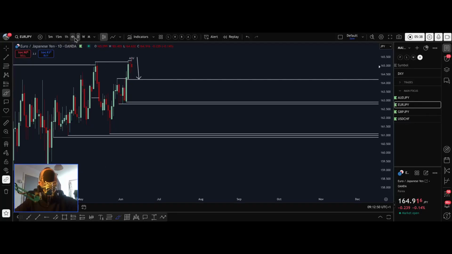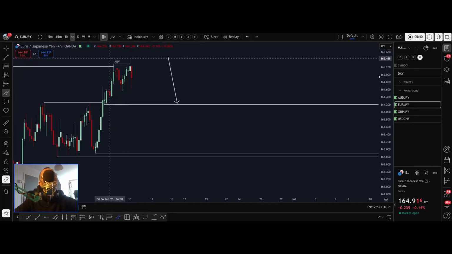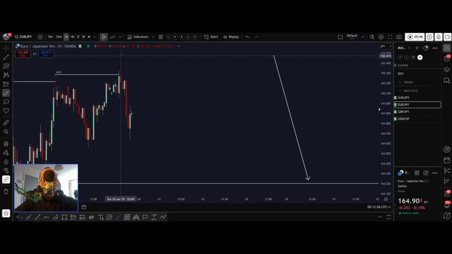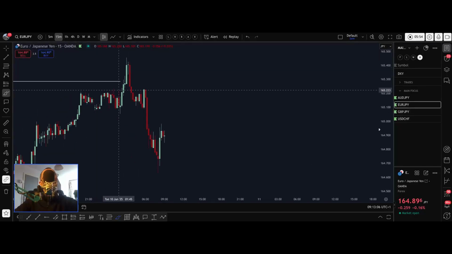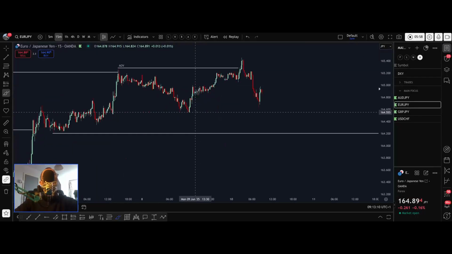As I drill down, you can see that we've spiked above, likely wicked out a lot of orders there. Price is pulling back a bit. So what I'm looking for here, this is starting to look like a continuation. It spiked above, likely spiked out a lot of the orders. So potentially you could have got short here.